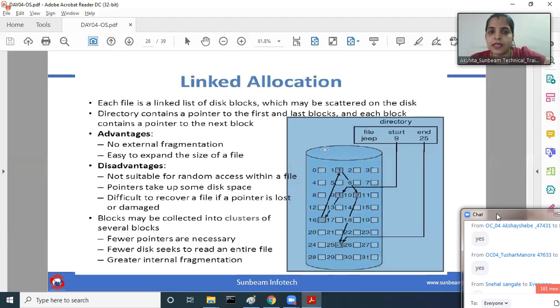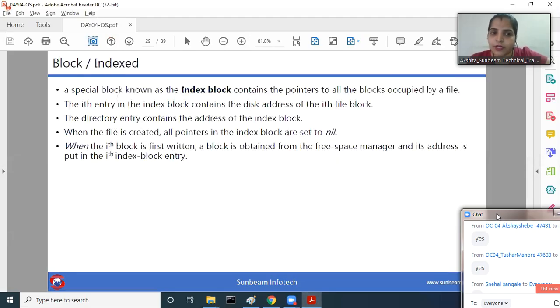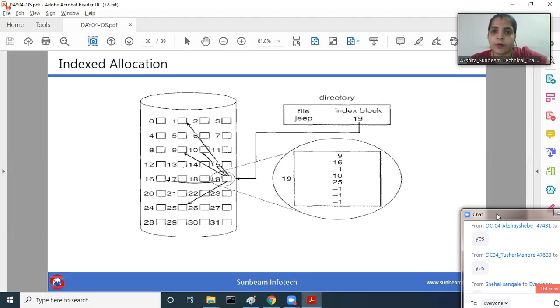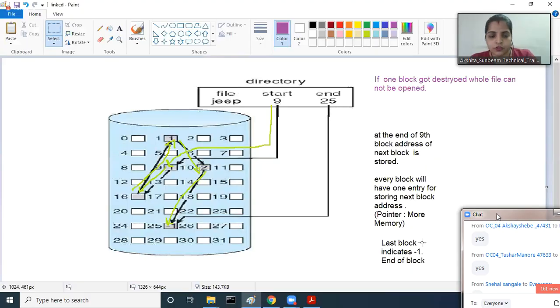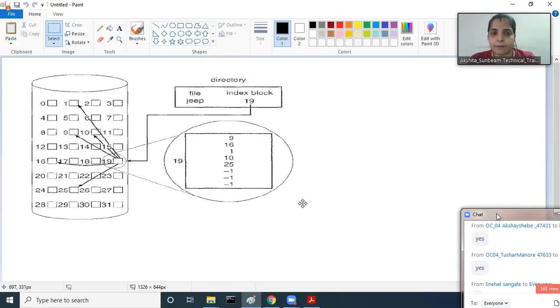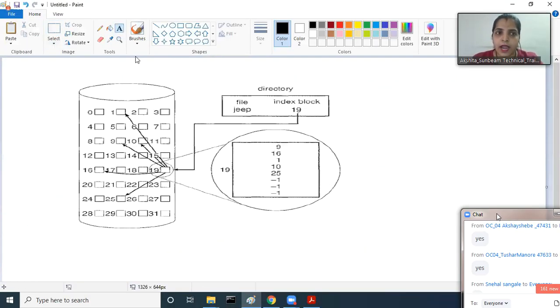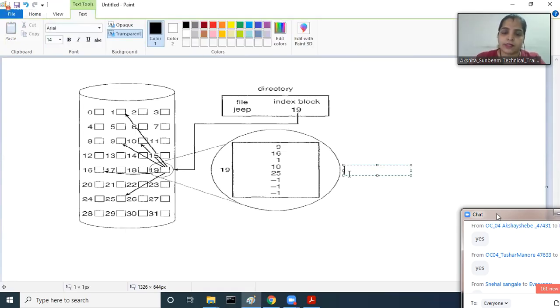So this is linked allocation. What about indexed allocation or block allocation? Let us understand. In a case of indexed allocation, your operating system maintains one block and that block is called the index block, just like the index in your book.